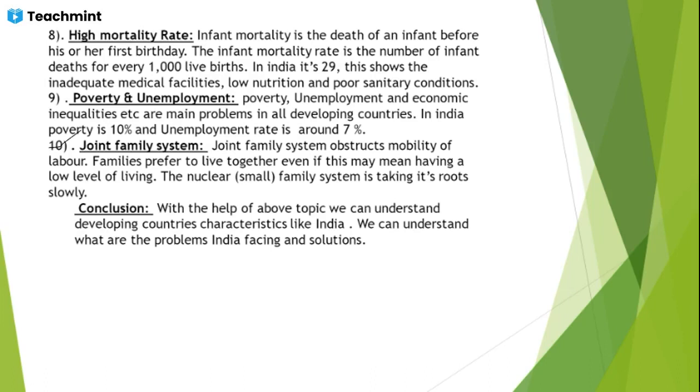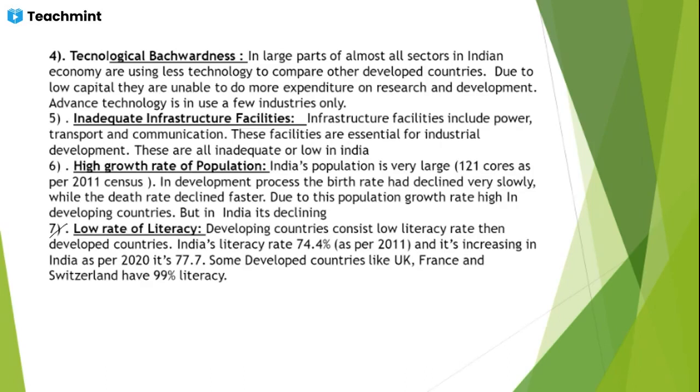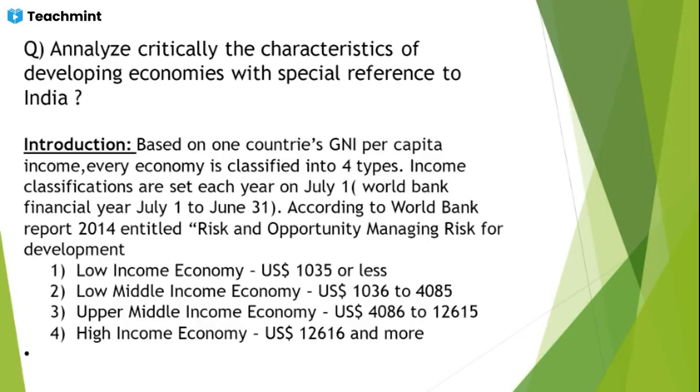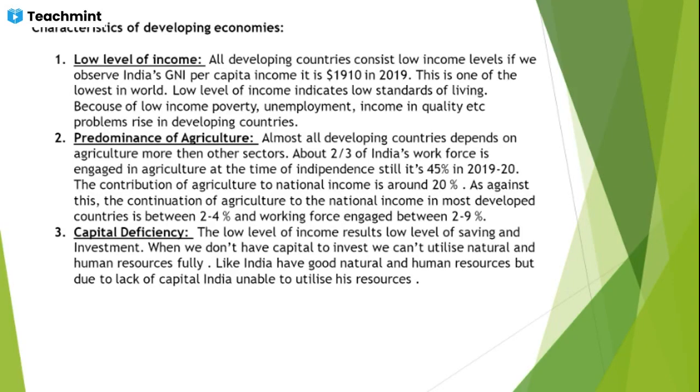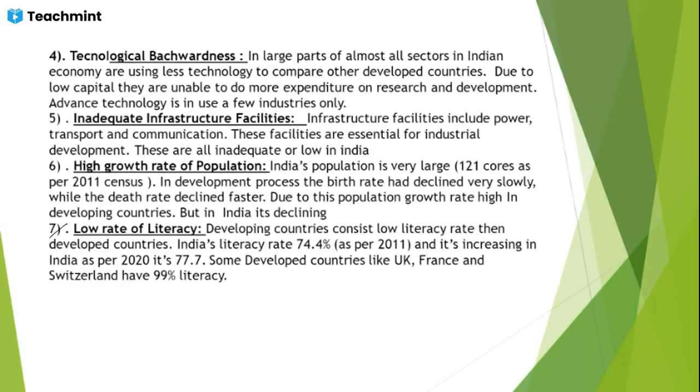Let's see how to write it. We have to write the introduction: how we can divide nations or countries into four types, on what basis, and what those bases are. Then the characteristics of developing economies: low level of income, predominance of agriculture, depending more on agriculture, and capital deficiency, a low level of capital, and technological backwardness, that means we use less technology than developed countries.